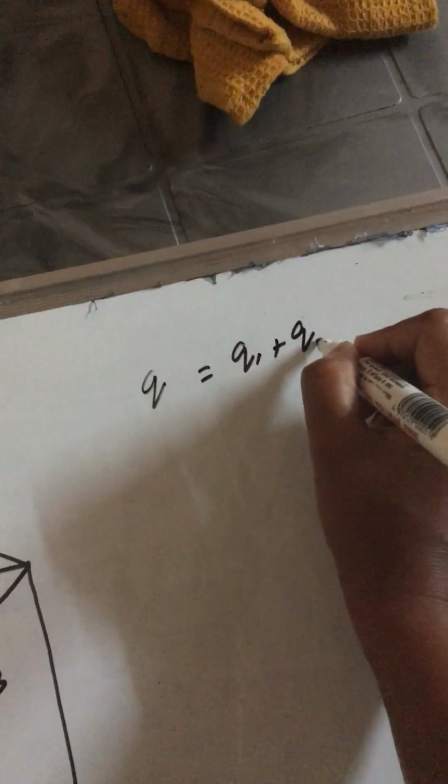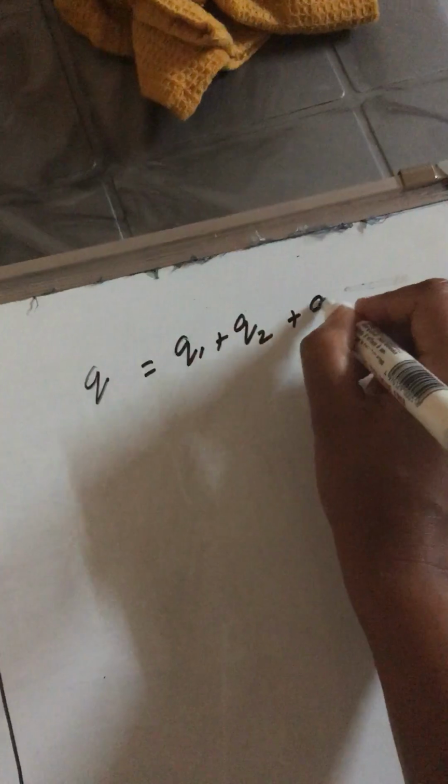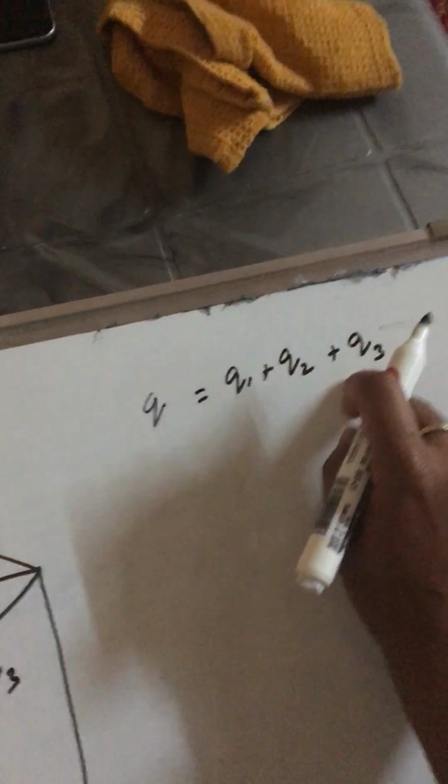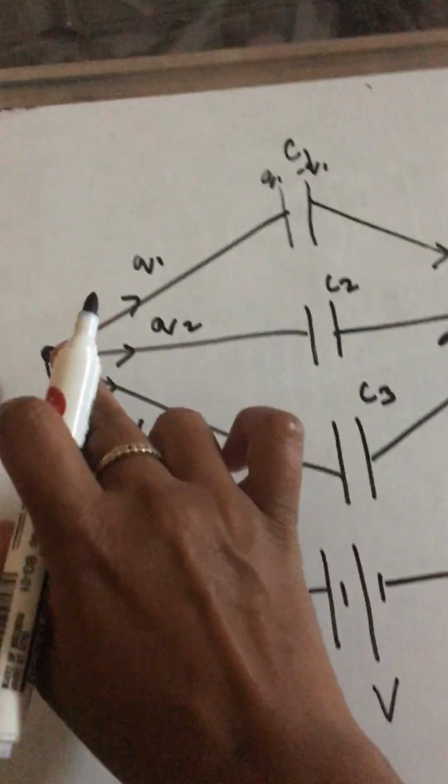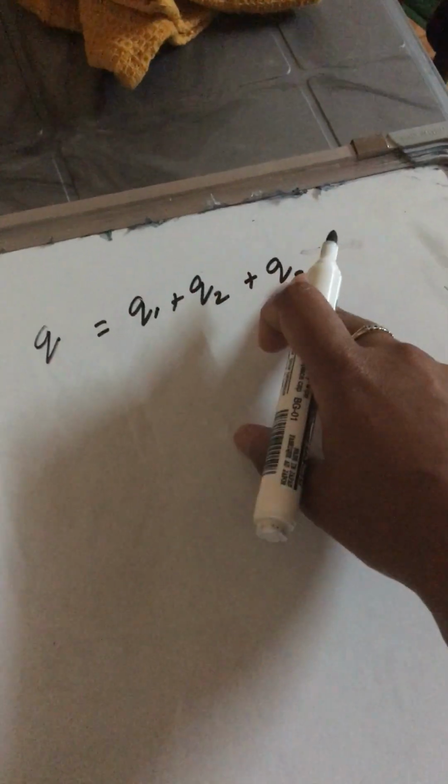The total charge divides at the junction, so the total charge is Q1 plus Q2 plus Q3.